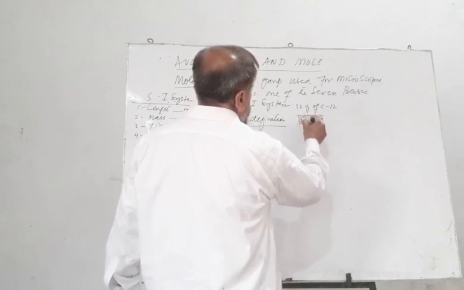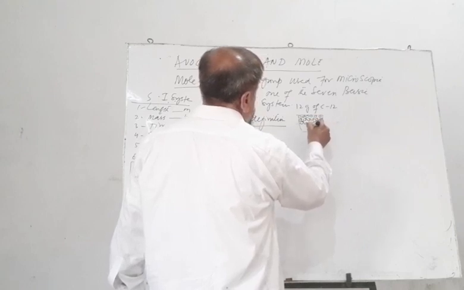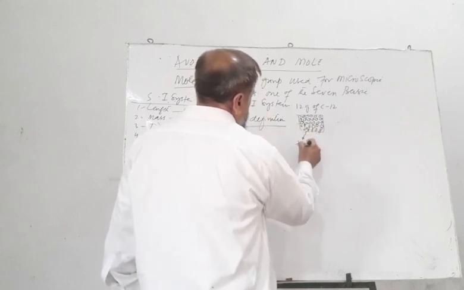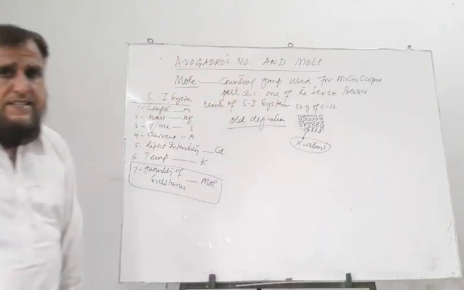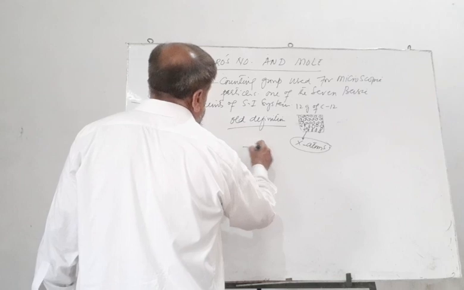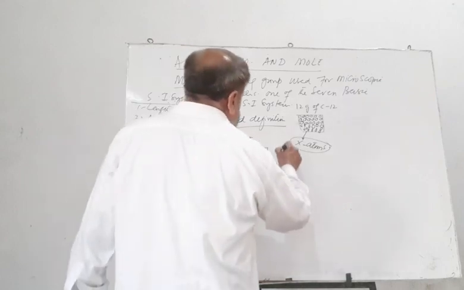Carbon is composed of atoms, and let us suppose that this piece of carbon contains X atoms.